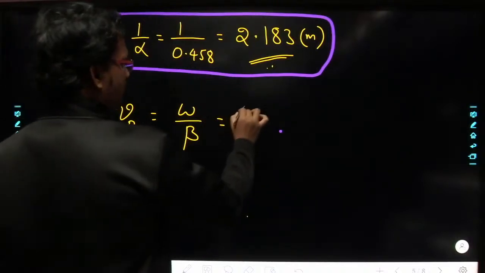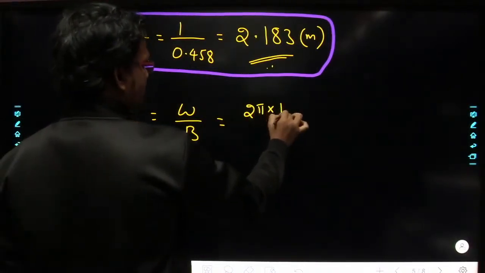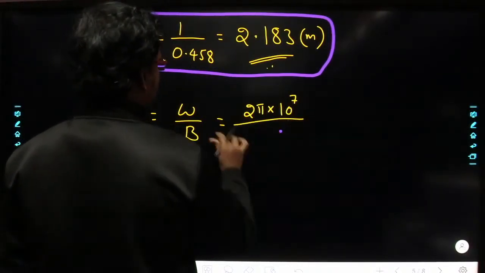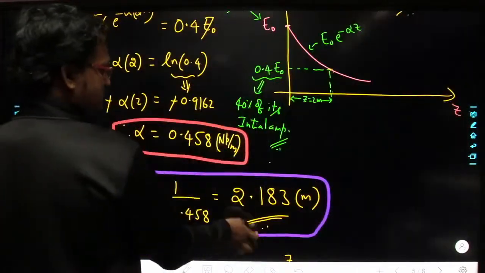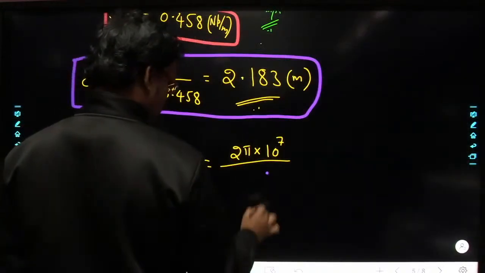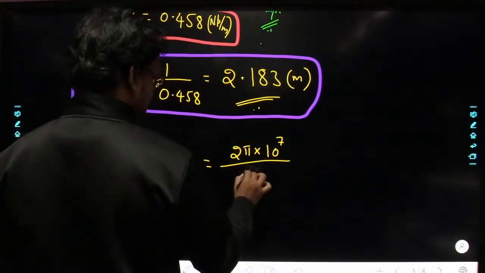So omega is 2 pi f, f is 10 power 7, and the beta value is 1.6. It is a simple question here. Substitute 1.6.